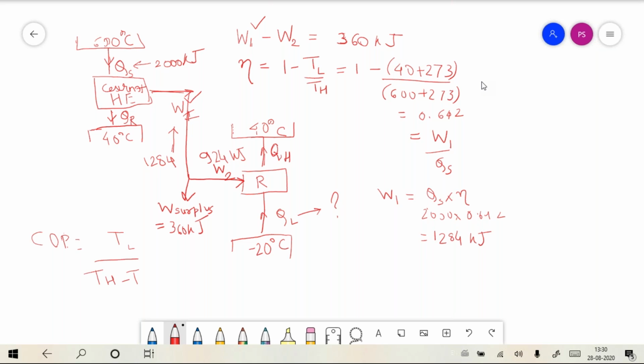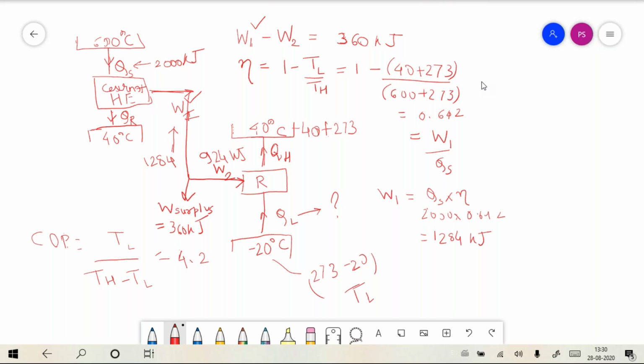Again, do not forget the Kelvin conversion. So TL is 273 minus 20 and TH is 40 plus 273, in Kelvin. Substituting these values, as many of you have got, the COP comes to around 4.2.